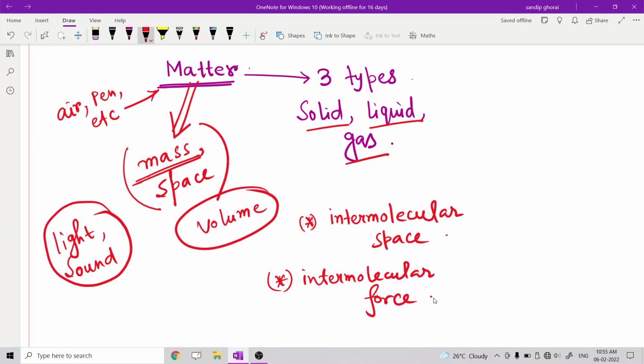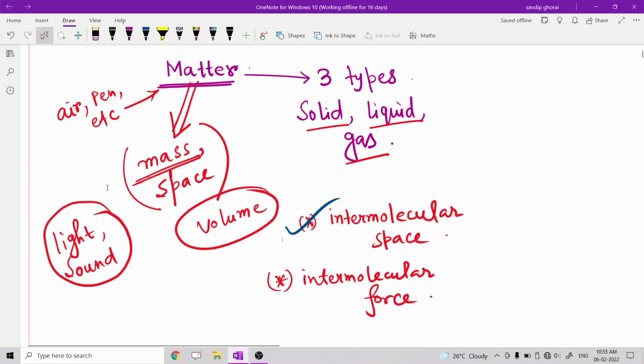Intermolecular space means the space between two atoms or two molecules.